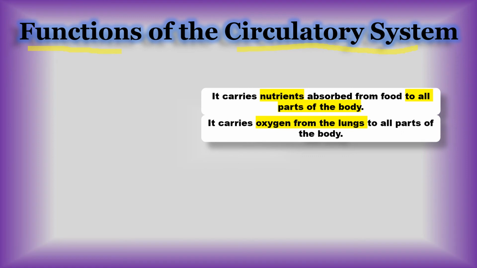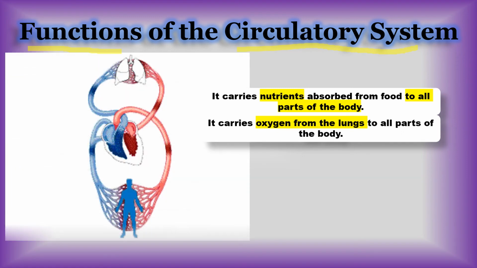It carries oxygen from the lungs to all parts of the body. Now children, can you see, as I have already told you, the red color represents arteries. What does an artery do? They collect blood from the heart and circulate it in our body. You can see here children, the artery, the blood vessel, is a part of the circulatory system.